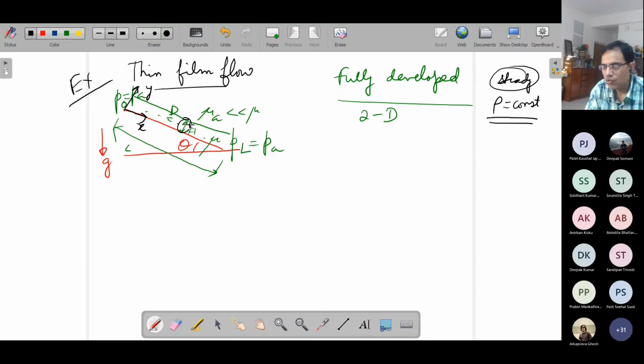So once we have this, again you see that with the fully developed two-dimensional steady constant density, it will boil down to the same equation. Is equal to minus dp dx.